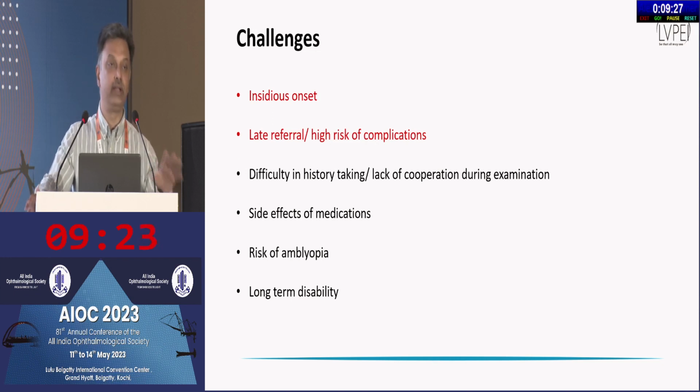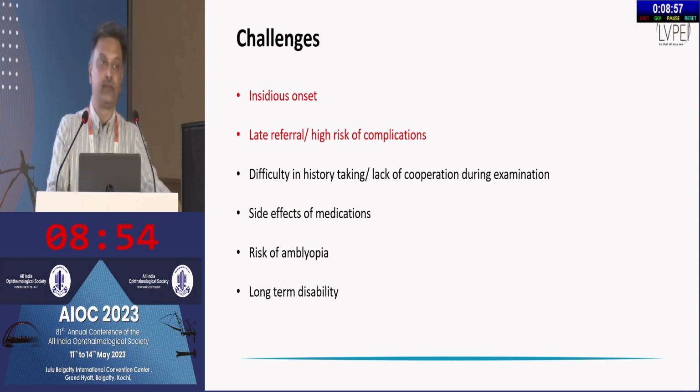There's no redness or pain, which is why the parents are often unaware of what's going on in the eye. And if there are no other systemic symptoms, by the time the parents bring the kid to the doctor, it's already quite late. Many a times the child would have a complicated cataract, band-shaped keratopathy, etc.